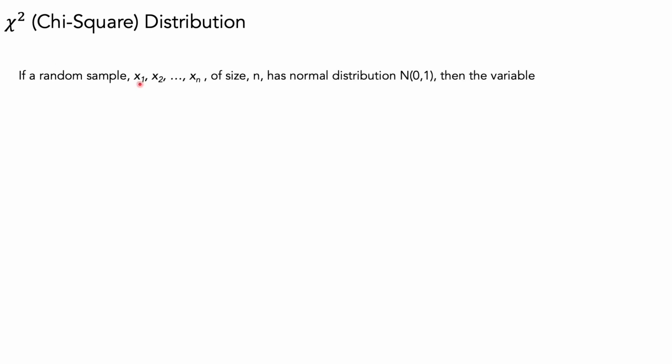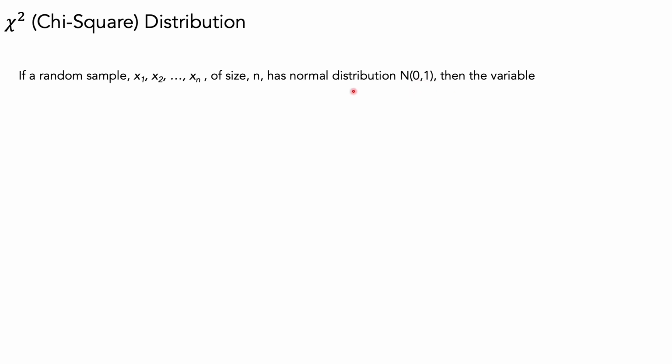So let us consider that this is a sample of size n selected from a normal distribution, represented with this term. Can you guess what type of normal distribution this notation represents? This is a standard normal distribution. A standard normal distribution has mean 0 and variance 1.